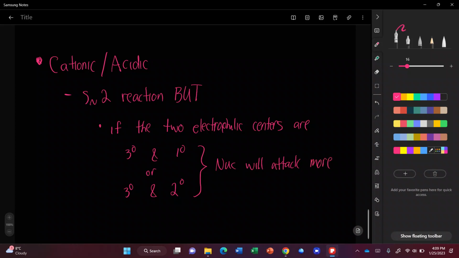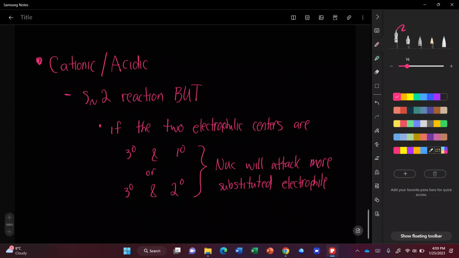All of the examples I did were a tertiary and a primary, or a tertiary and a secondary. The nucleophile will attack the more substituted position, which for an SN2 reaction is the opposite of what you would expect, but it's because the transition state is so stabilized as you release that strain that it essentially handles the steric constraints of doing an SN2 at a tertiary center. So the nucleophile will attack the more substituted electrophile.